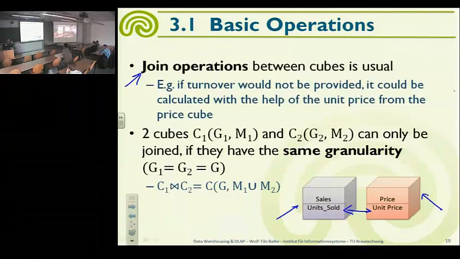So joining the cubes together, sometimes you can get more insights or some values and numbers that you might need in your business. The only thing here when you're doing the joins is you have to be careful about something which is really important, otherwise the join operation doesn't make any sense. And this is rather intuitive.